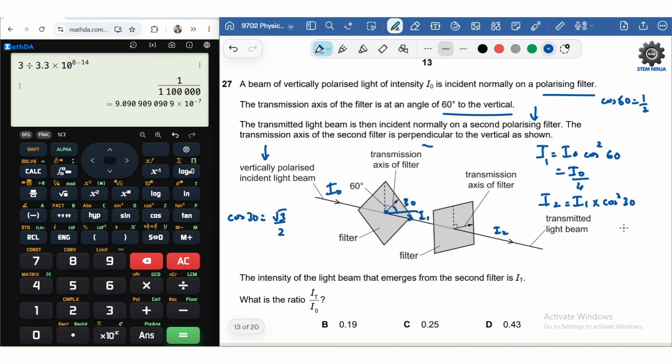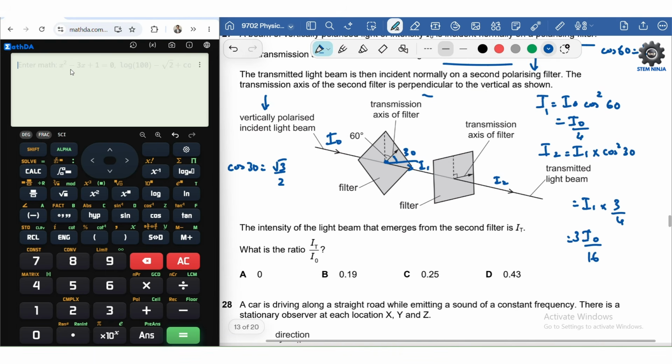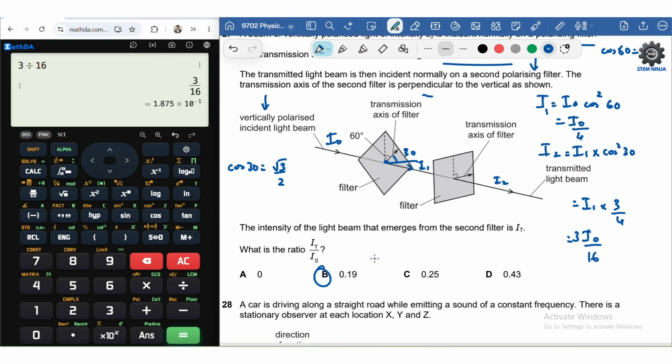So this cos squared would be 3 by 4. I1 was I0 over 4. So 3 I0 over 16, which is 0.1875. Okay, so 0.1875.